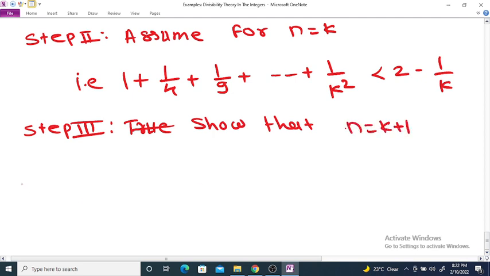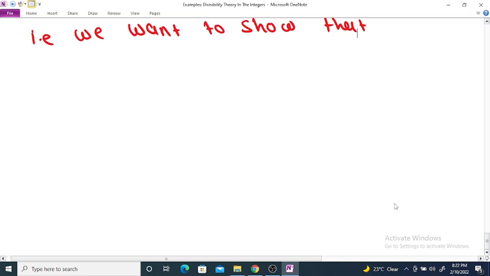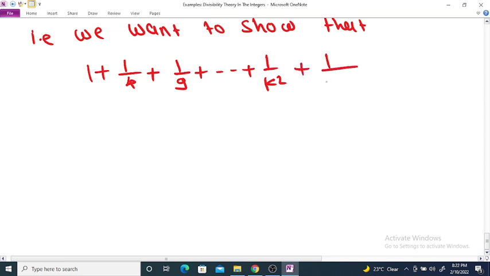That is, we want to show that 1 plus 1 by 4 plus 1 by 9 plus dot dot dot 1 by k square plus 1 divided by (k plus 1) bracket square is less than 2 minus 1 by (k plus 1).